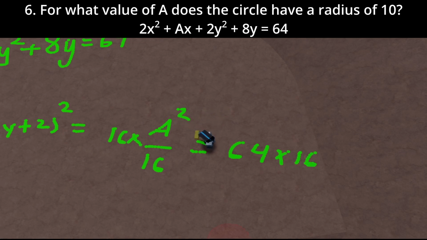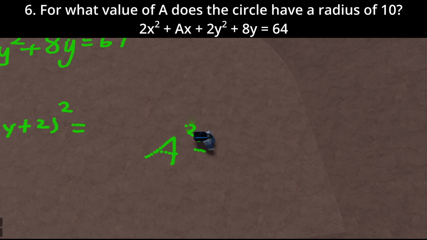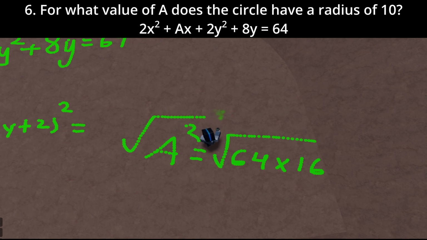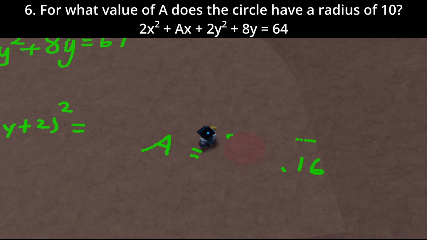And then if you do that, you'll have a squared is equal to 64 times 16, whatever that is. And then you just need to take the square root of both sides to solve. So that means a is simply equal to the square root of 64 times 16. If you compute this on a calculator, you will get that a is just equal to 32.